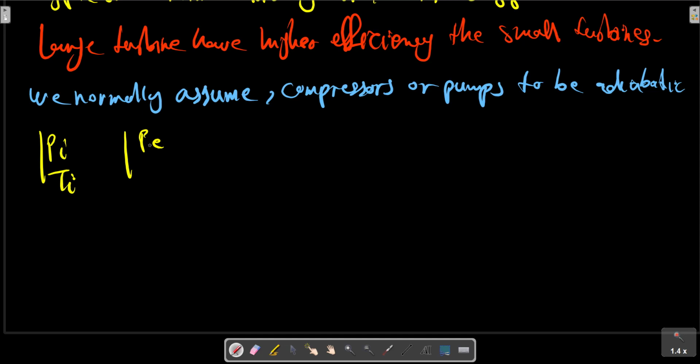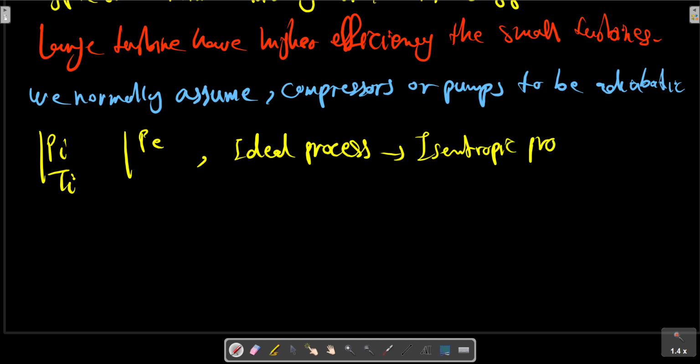Thus, the ideal process between the given inlet state and the exit pressure would be an isentropic process between state I and state E. For an ideal process, we have an isentropic process for pumps, turbines, and compressors.